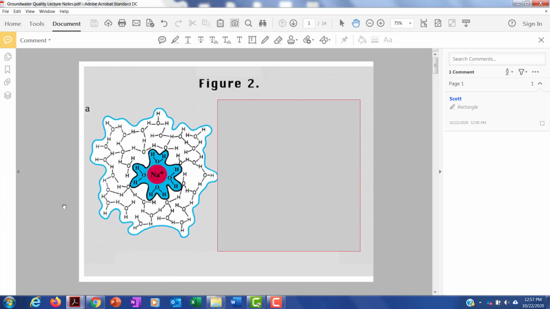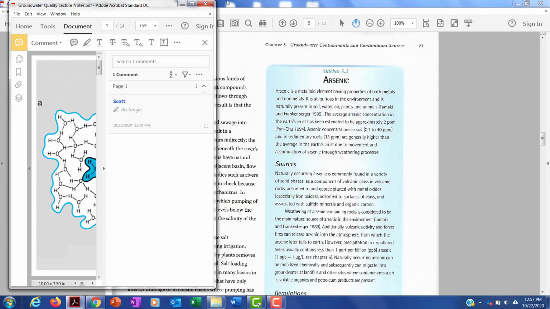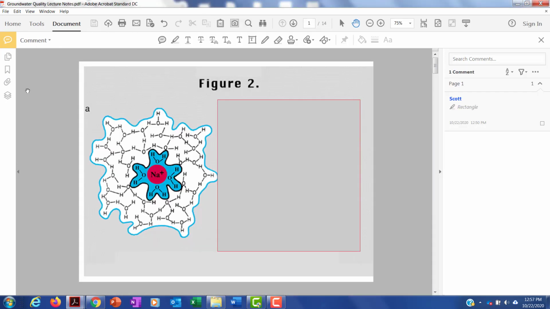Remember, in the water quality lecture, this idea that there are certain chemicals. This case is a sodium atom from a salt molecule, sodium chloride.